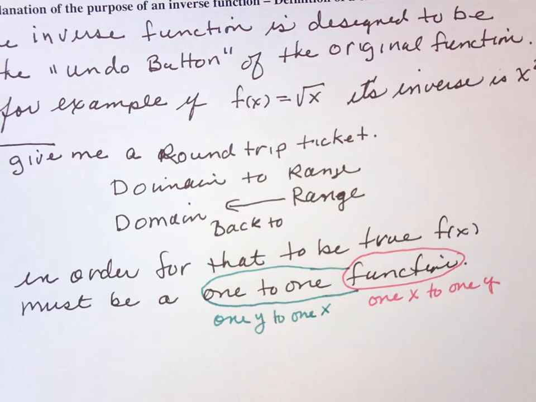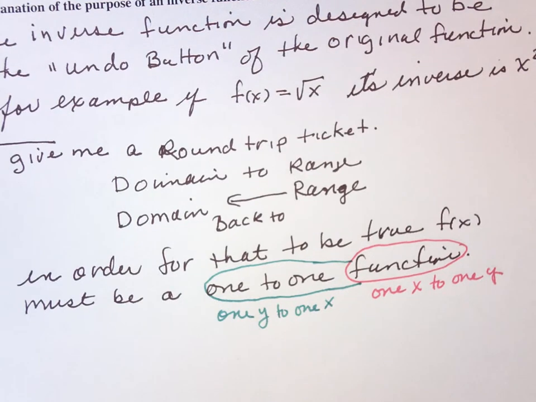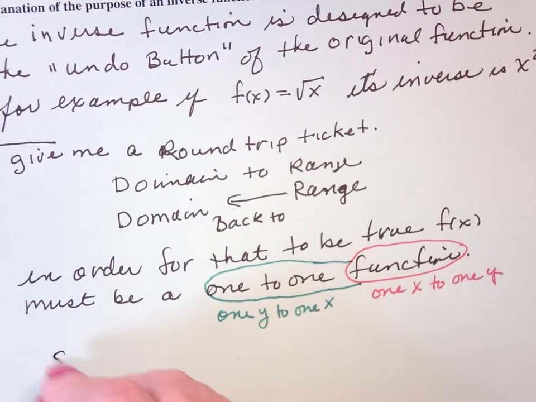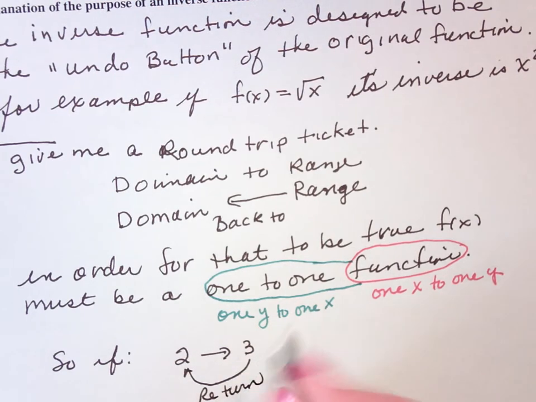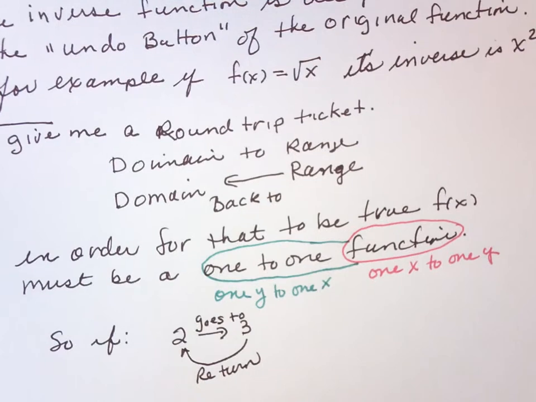It's the round trip ticket. So if 2 goes to 3, 3 must return to 2.